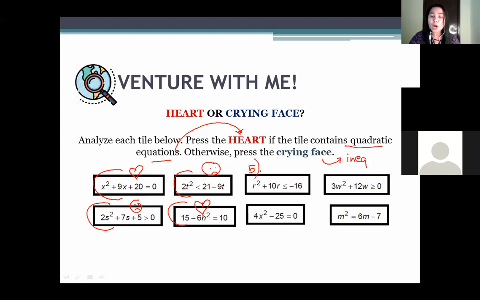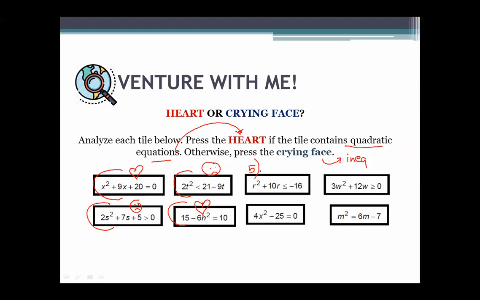Next, number 5, r squared plus 10r less than or equal to negative 16. Heart or crying face? Very good. It's a crying face. Next, number 6, 4x squared minus 25 equals 0.